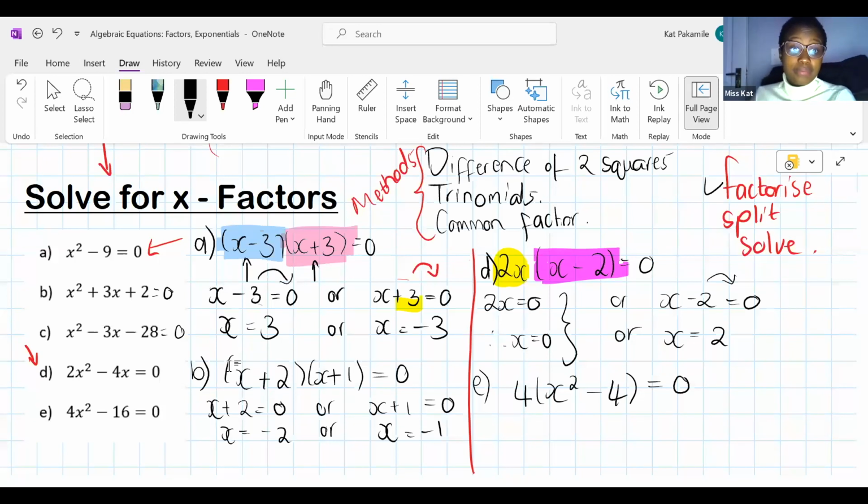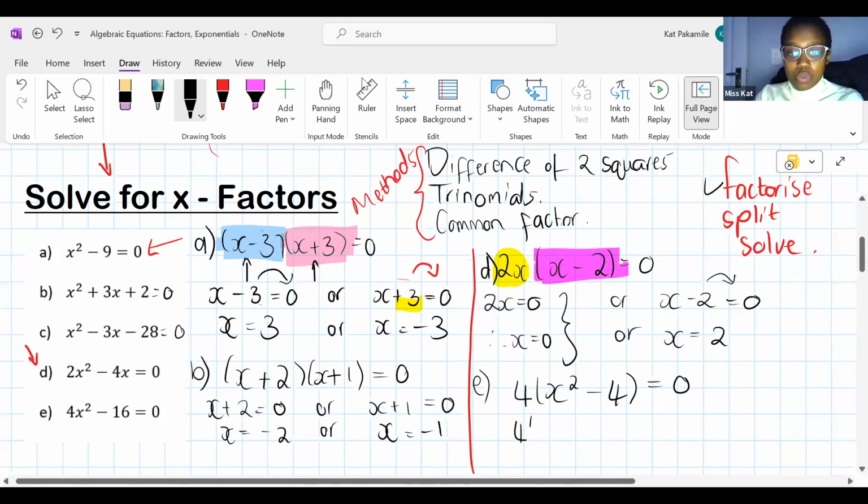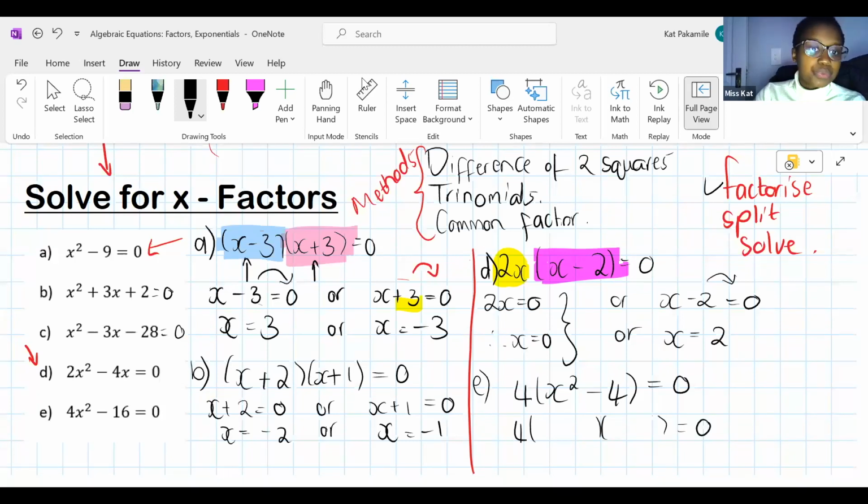Split. How are we going to split it? Is anybody seeing my trick yet? How are we going to split it? Oh, can you say it's difference of two squares? Open another 2 brackets. There you go. So it's going to be 4 times what's my 2 brackets? Equals 0. What are my brackets?